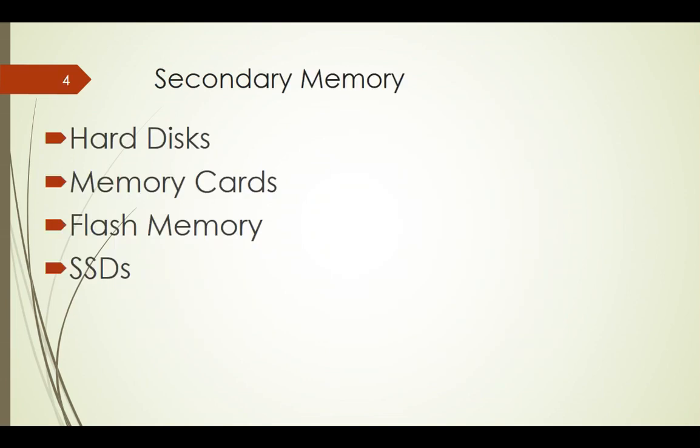Now we will talk about the secondary memory. We have heard about it many times: hard disk, memory cards, flash memories, and SSDs. Yes, these are the secondary memory because these are not connected to the processor directly. Also, these are storage devices.